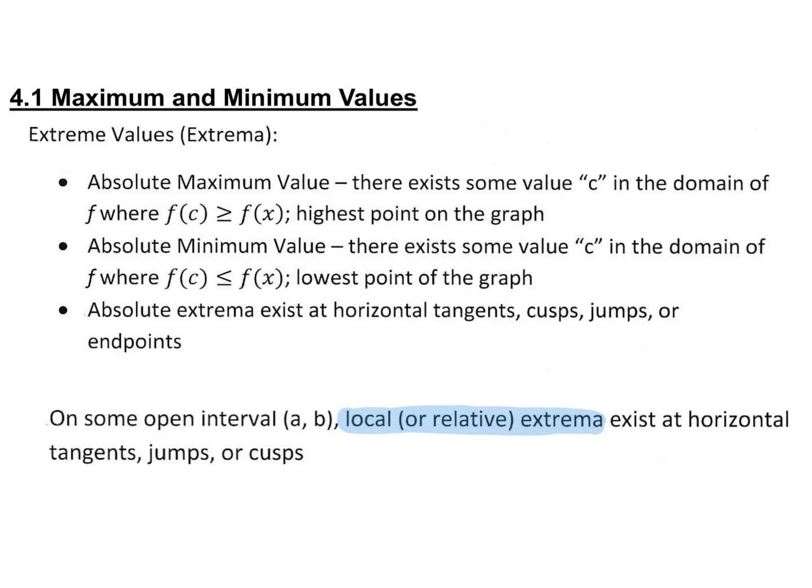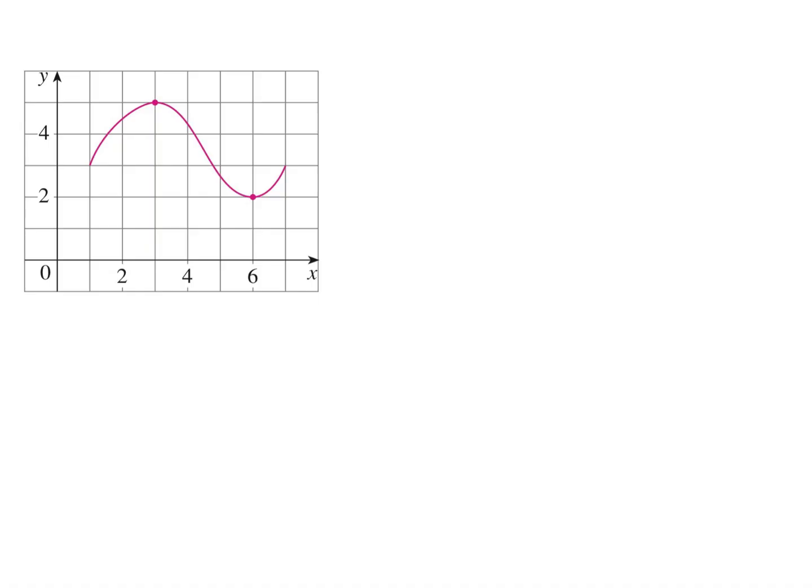Okay, and so I've given you some graphs, okay, and I don't want to spend a lot of time on this, but what is the highest value of this graph overall? 5, right? Right here, the highest value, so this is the absolute maximum.